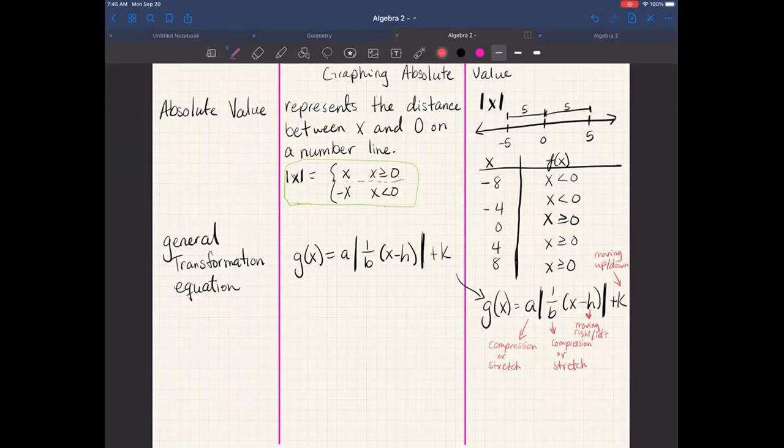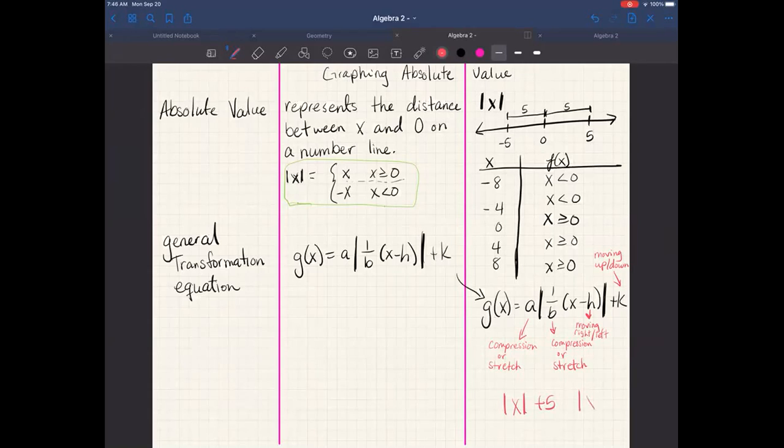So this general equation basically is just to help you figure out what is happening to your graph, okay? All those letters would be replaced by a number, which we've seen before. You have x plus 5. My plus 5 means I move up 5.